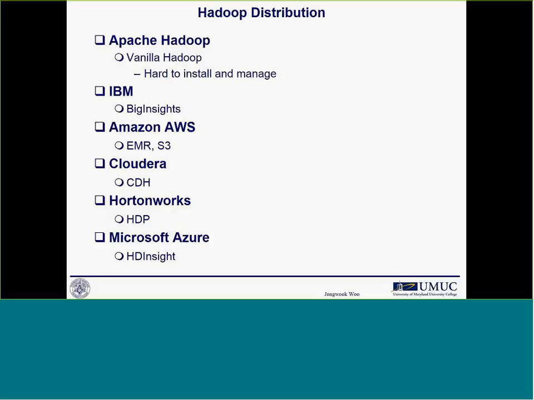You use Red Hat Linux or Ubuntu Linux. Cloudera and Hortonworks are like Red Hat or Ubuntu, making it easy for people to use Hadoop with a good GUI and installation systems.